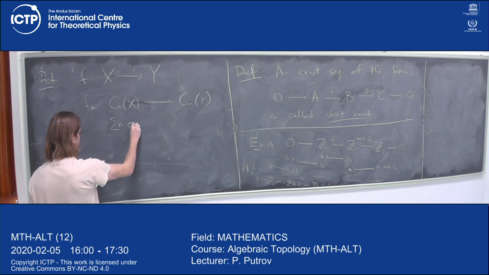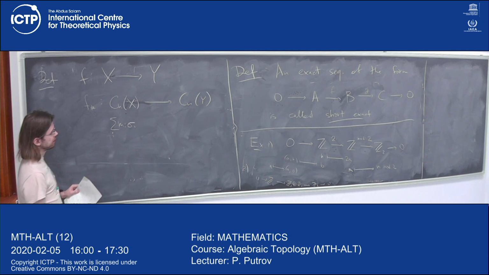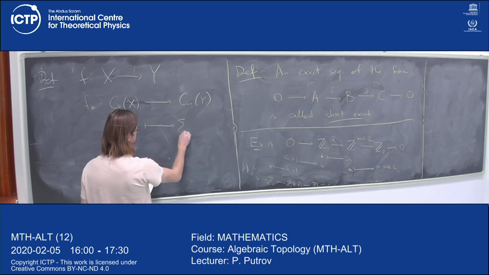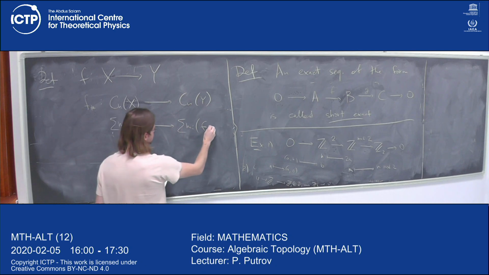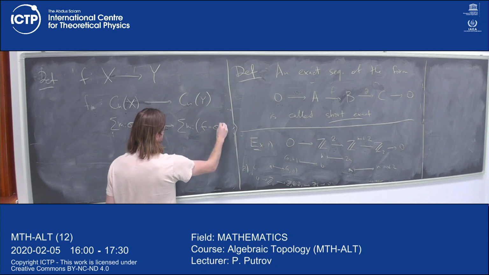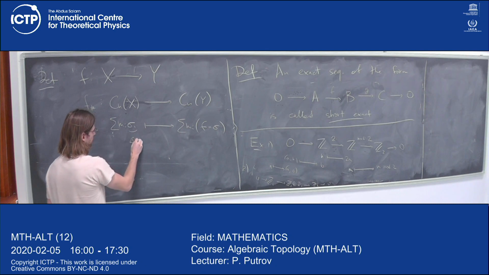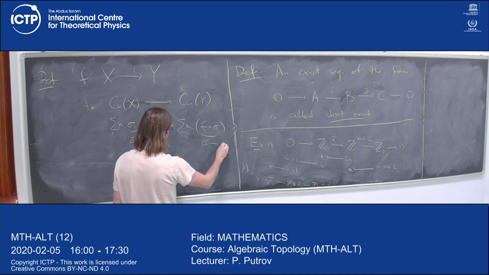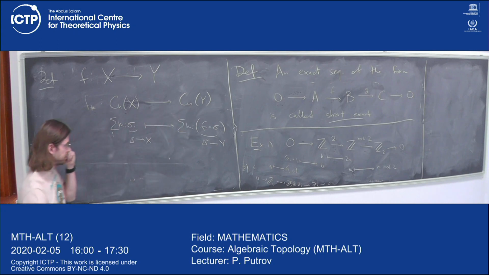The elements here are formal sums of singular simplices sigma i, and each sigma i is replaced by the composition f composed with sigma i. Since sigma i is a map from delta n to X, this composition will indeed be a map from delta n to Y, which is an element here. So this makes sense.